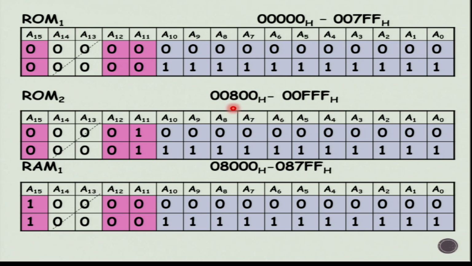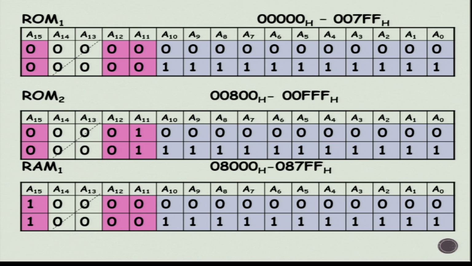For ROM 2, since it's starting from address 0800, it is going to be 000 and A11 is going to be 1. RAM is going to start from address 0800, and it is going to go up to address 087FF. So this is going to be again the binary format of the first address and the last address.